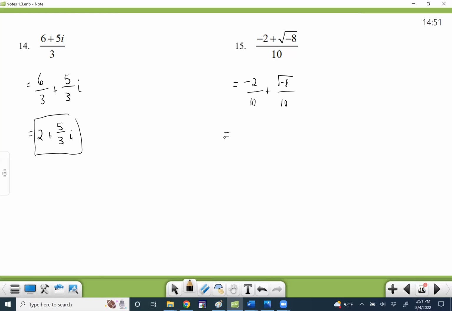All right, so there's some things that we can do here. The first thing I do is pull that negative out of the square root, right? If we pull the negative out of the square root, that's going to give us I, right? Then we have to break down our root 8.